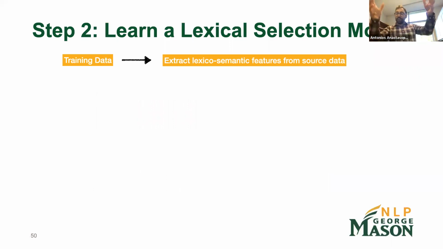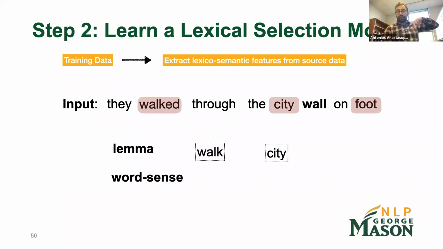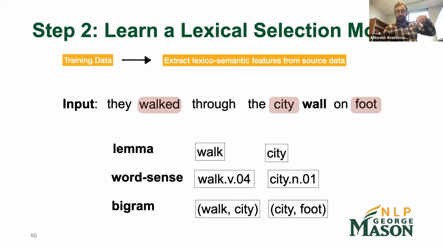We're going to take this sentence and extract lexicosemantic features from it. First, we take that input and find the content words. In this case, it's just walked, city, foot. Then for each of these content words, we add features that correspond to their lemmas and to their word sense, according to a word sense disambiguation model.